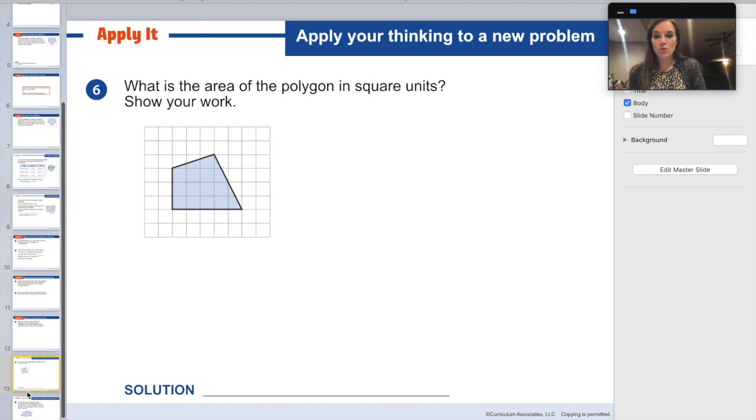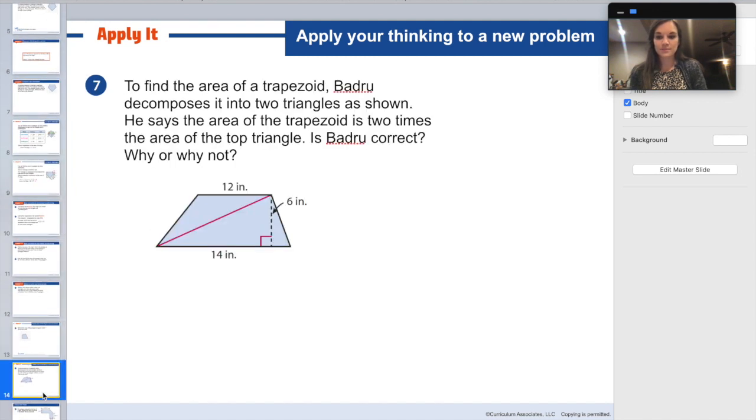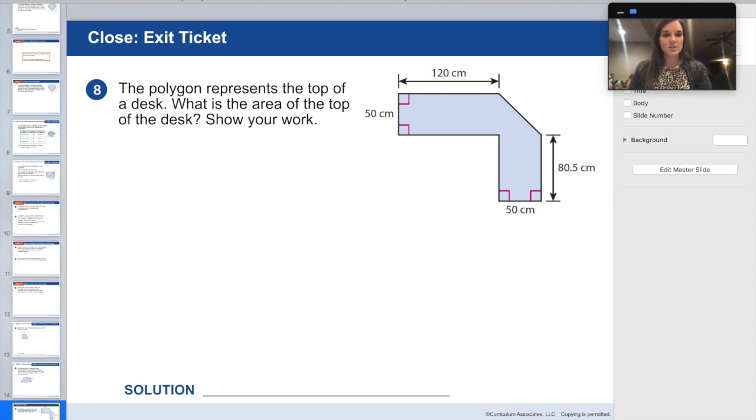All right, we're going to try one more. So this is the area of a trapezoid. We can also split that into 2 different triangles to help us out. So the same idea. But I want you guys to look at this one. So we're going to split this one into 3 different shapes.